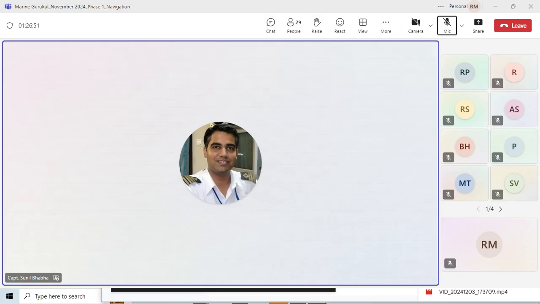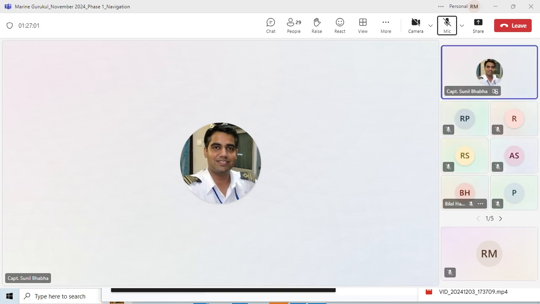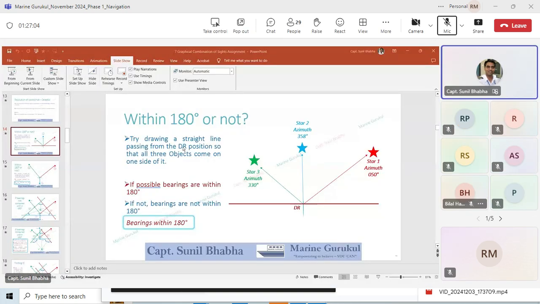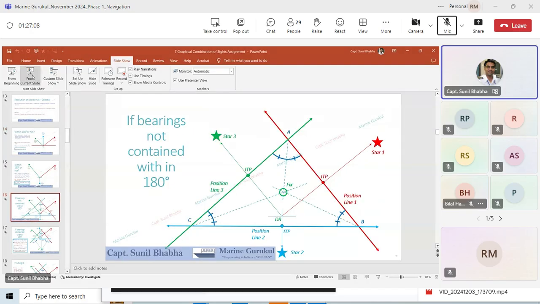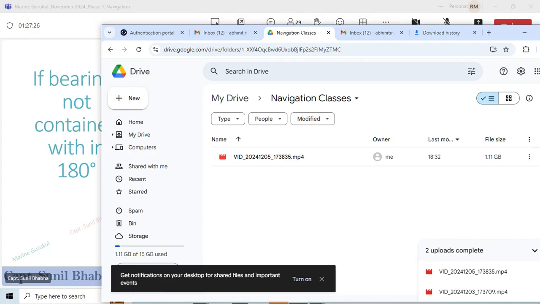Let's go back to the cocked hat now. Once we have identified whether the bearings are contained within 180 degrees or they are stretching outside 180 degrees, we can now start the procedure to resolve the cocked hat.